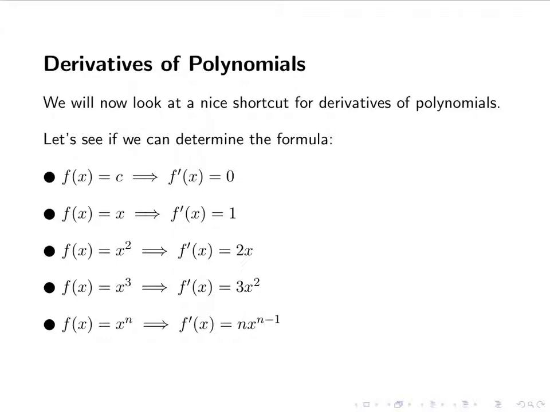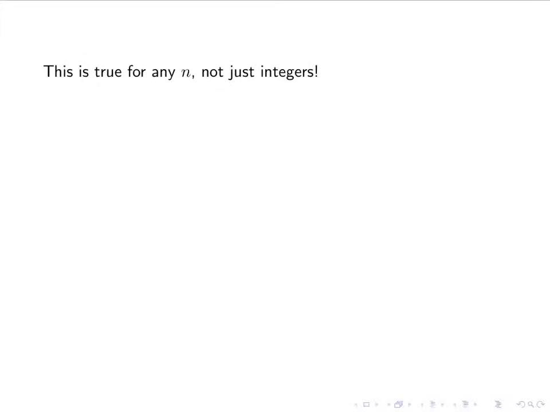So the exponents are always the coefficient, and then our new exponent is 1 less than the previous one. This is going to be true for any n, not just the positive integers that I've shown.